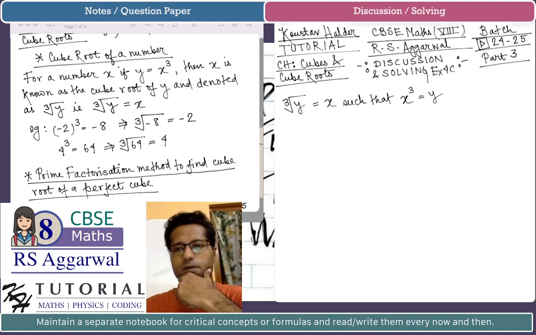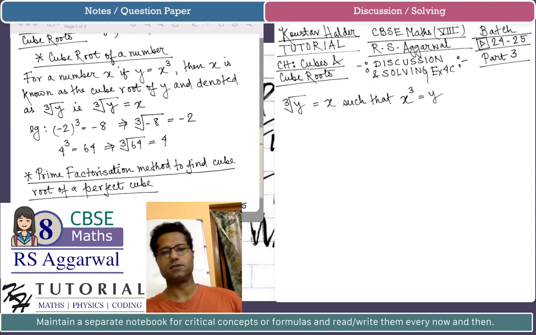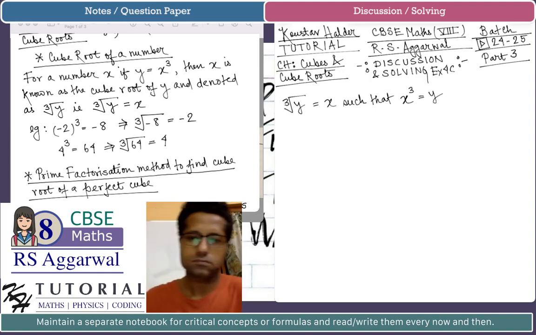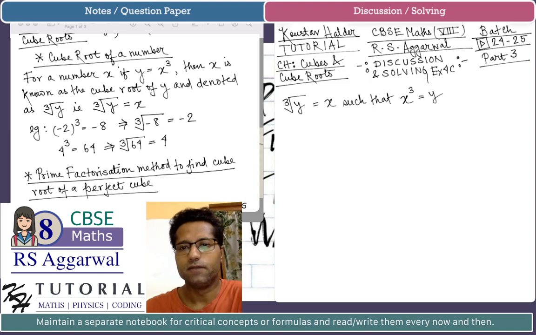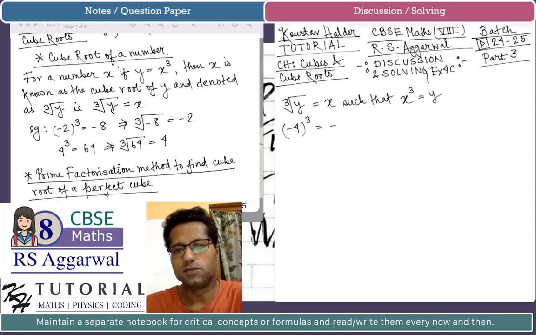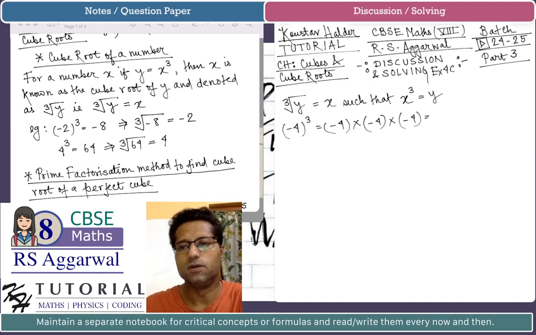Now remember that the cube root of a negative number also exists. For example, let's say minus 4 cube is equal to minus 4 multiplied by minus 4 multiplied by minus 4, which is equal to minus 64.